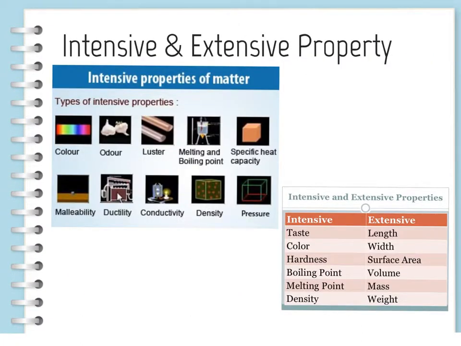All right, the last type of properties that we're going to look at are the differences between intensive properties and extensive properties. And in intensive properties, this is where it does not matter how much you have. So the amount doesn't matter.